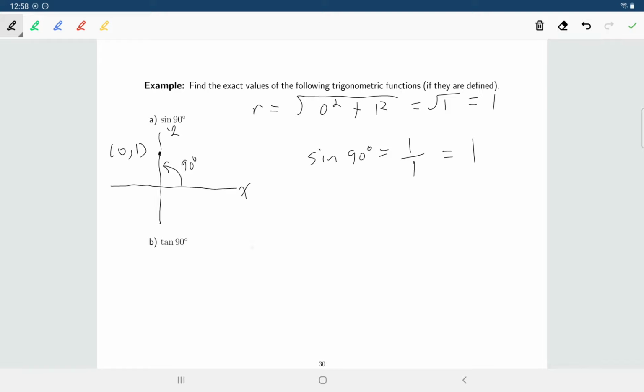Tangent of 90 degrees we know should be y divided by x. And here the y value is 1, but the x value is 0. And that means that tangent of 90 degrees is undefined.